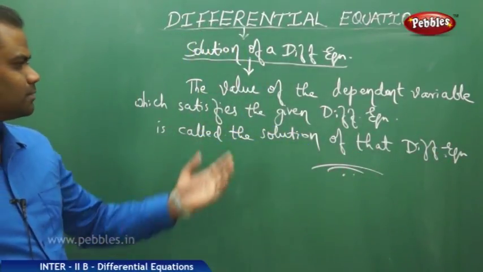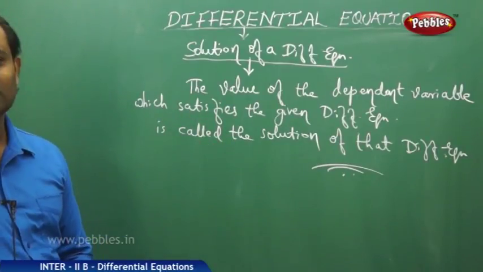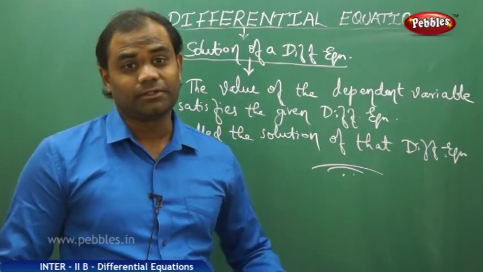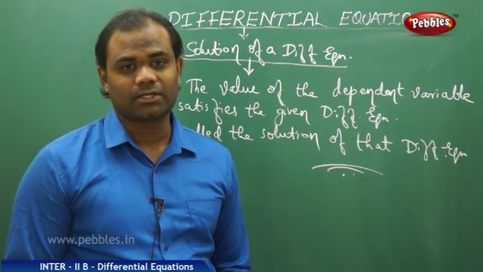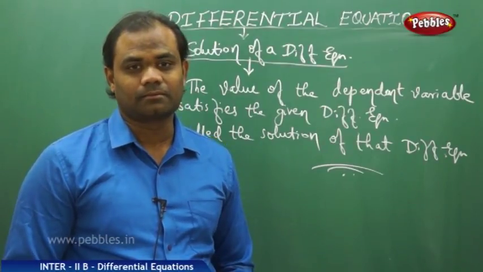So the value of that dependent variable which satisfies the given differential equation is called the solution of that differential equation, is how we understand the solution of a given differential equation.